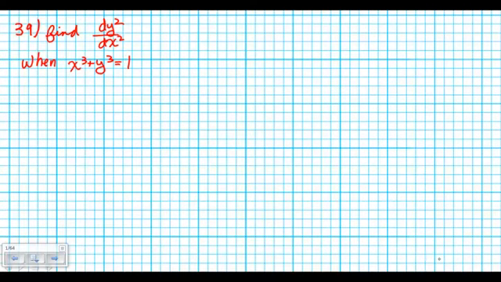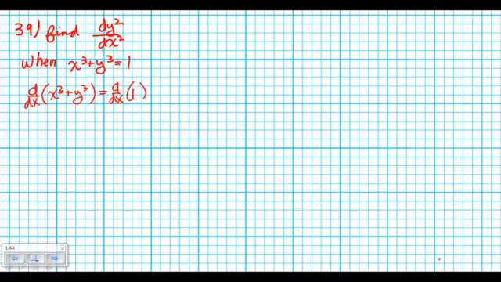So here's problem 39 from the chapter 3 review. We're going to find the second derivative of y with respect to x for this equation. Let's start by taking the first derivative of both sides of this equation. So we get that.